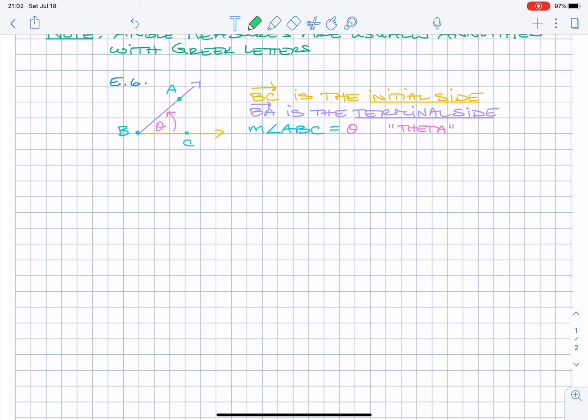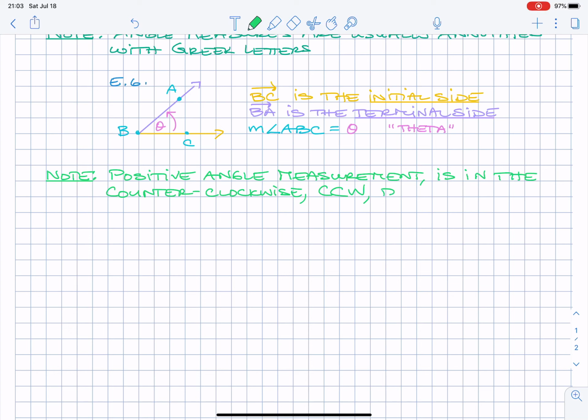That's important. Note that positive angle measurement is in the counterclockwise (CCW) direction.